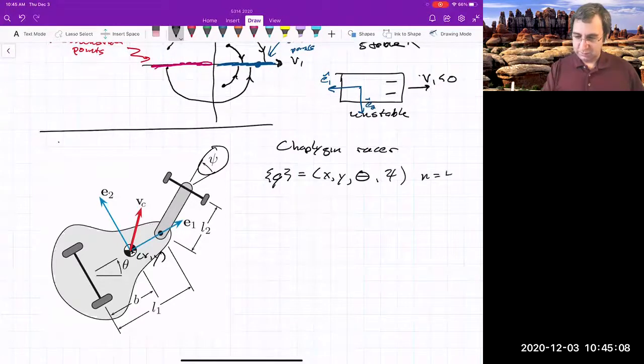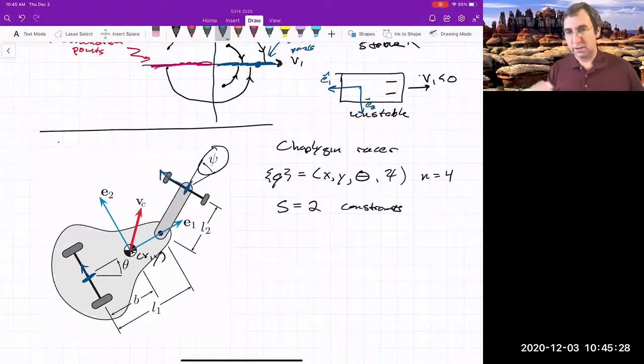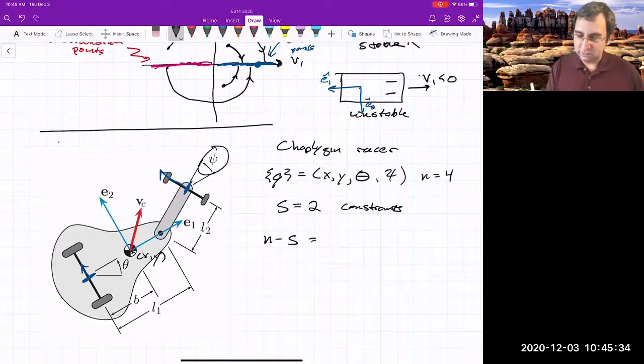So we have N equals 4, but then we have S equals 2 constraints. The 2 constraints are back here, there's no velocity allowed in this direction, and over here, there's no velocity allowed in that direction. You can work out what those are. So you get 2 constraints, which means you end up with N minus S equals 2 unconstrained quasi-velocities.